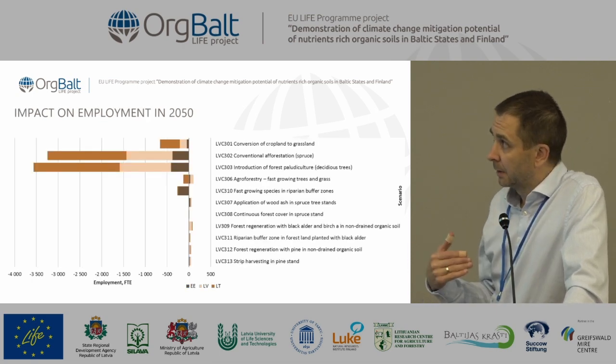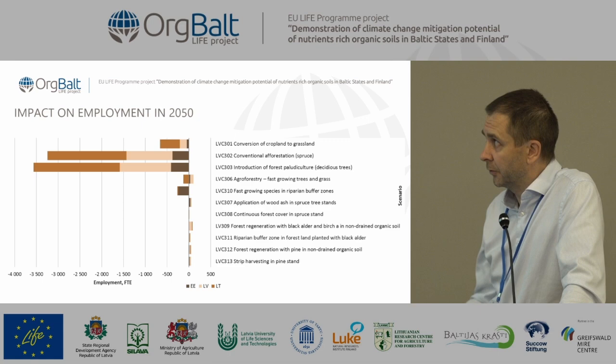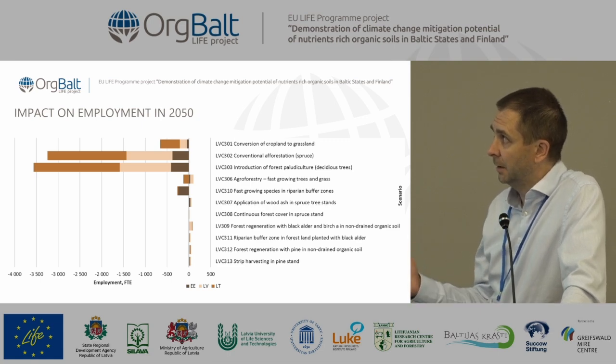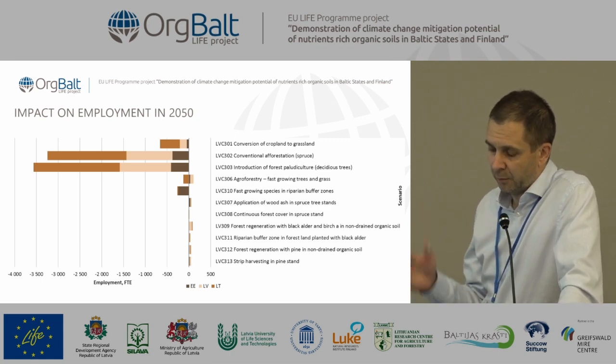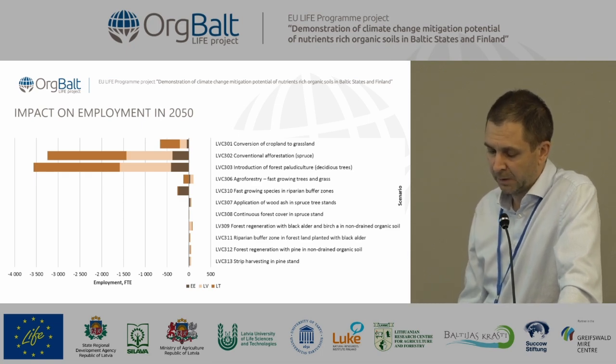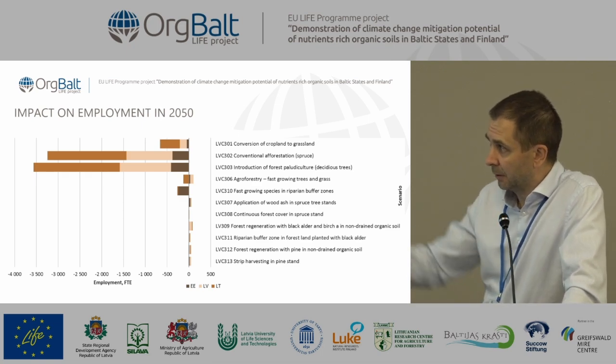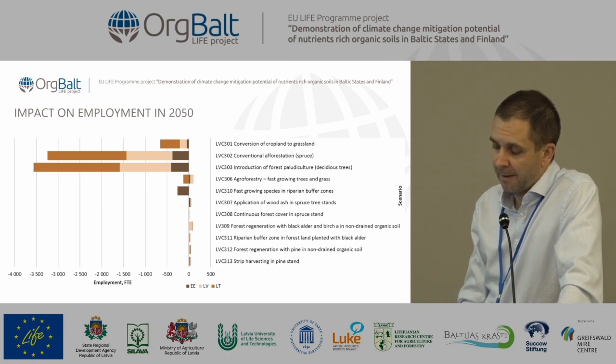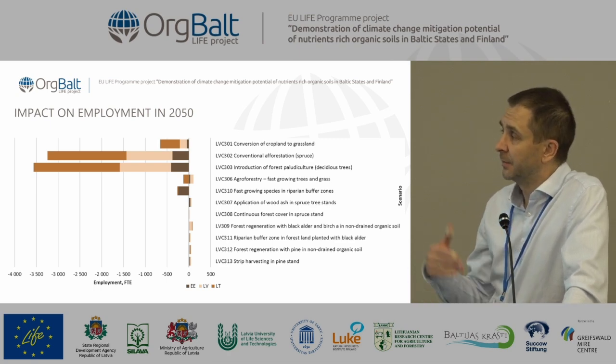Impact on employment is the third and last thing we calculated, and again we can see that there are a couple of measures with quite significant negative impact on employment. Employment is calculated in full-time equivalents here, and afforestation and forest polyculture have the biggest impact.